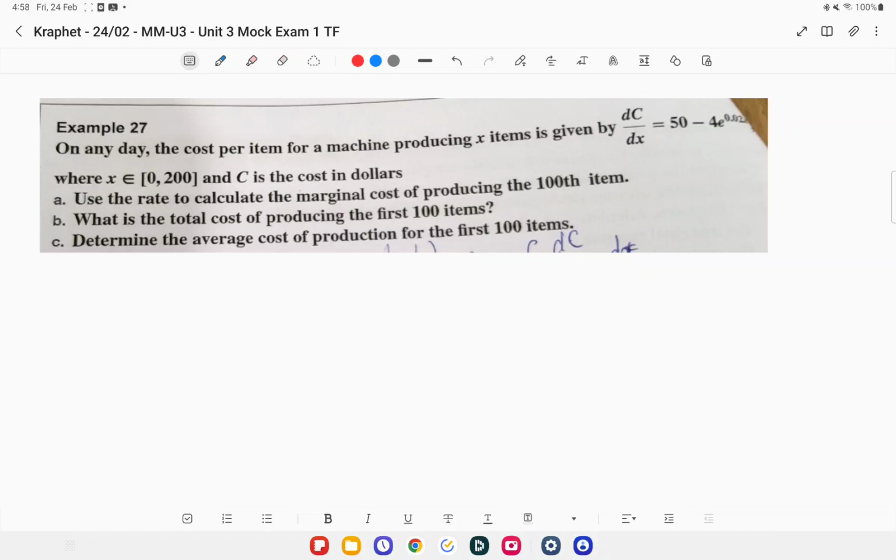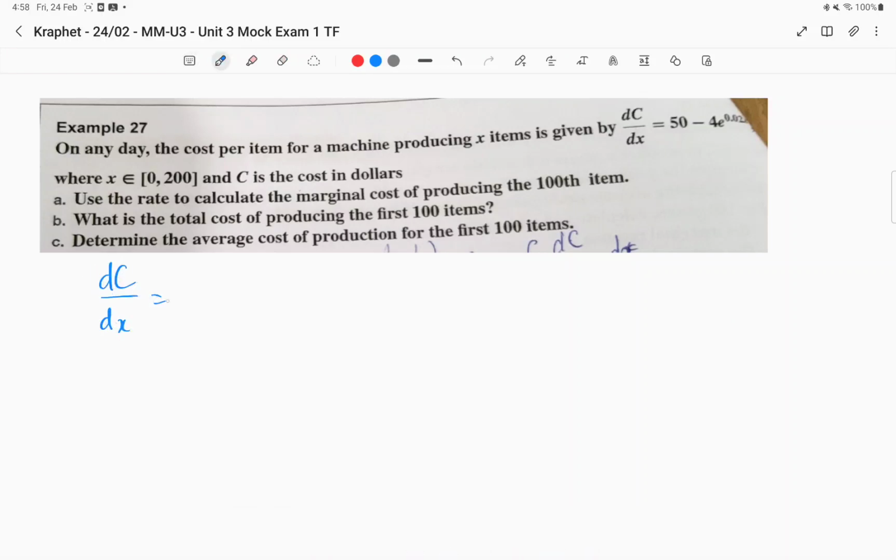Example 27. On any day, the cost per item for a machine producing x items is given by that equation there. So I'm going to rewrite that equation, right? So dC over dx equals 50 minus 4e to the power 0.02x, I think. Yeah. And then x is between 0 and 200.